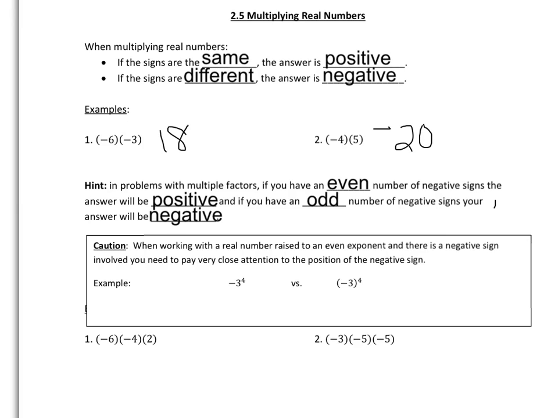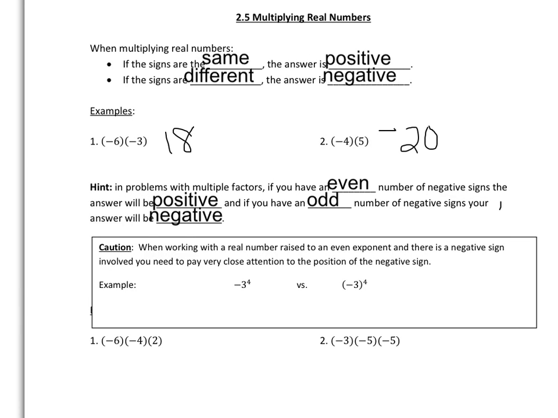For example, this first problem really almost could be looked at as taking the opposite of 3 to the 4th. You could almost look at it as -1 times 3 to the 4th, because you notice there's no parenthesis around that to make it a -3. So you gotta look at it as the opposite.